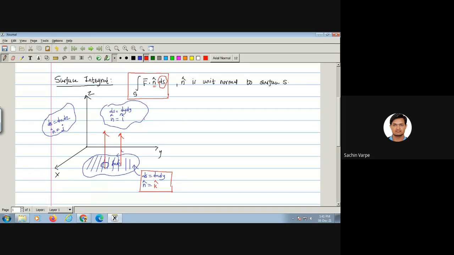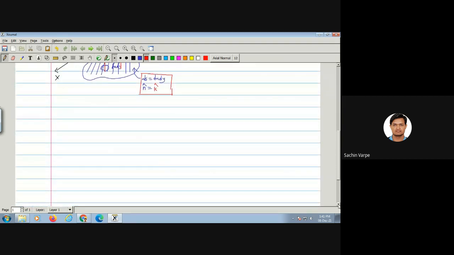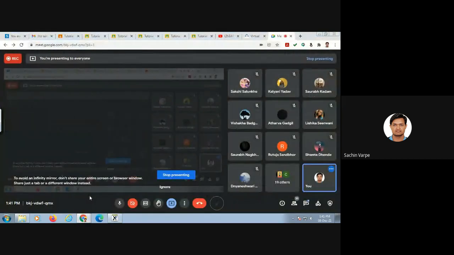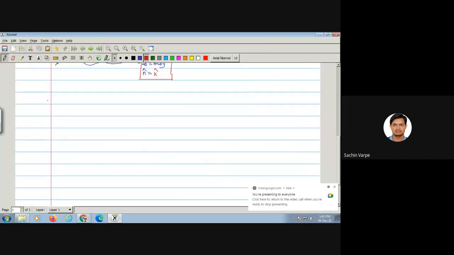On the basis of this surface integral, we have two theorems here. One is Stokes theorem, and the second is Gauss divergence theorem.